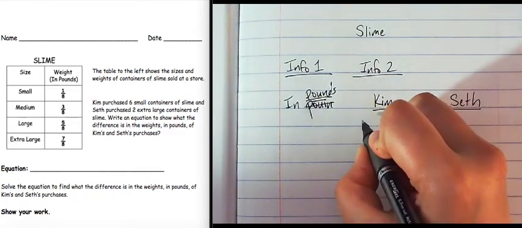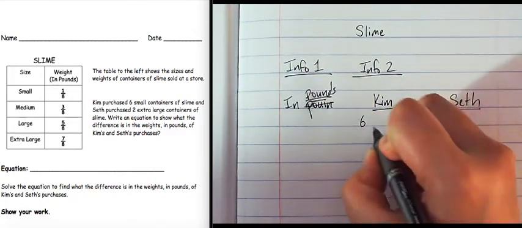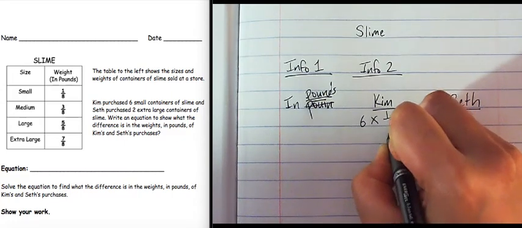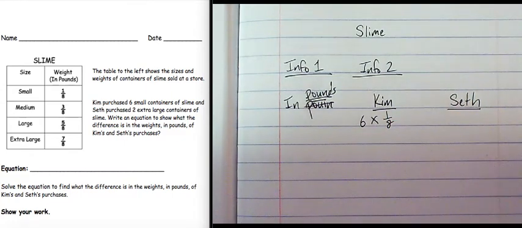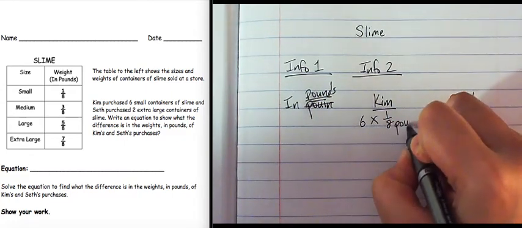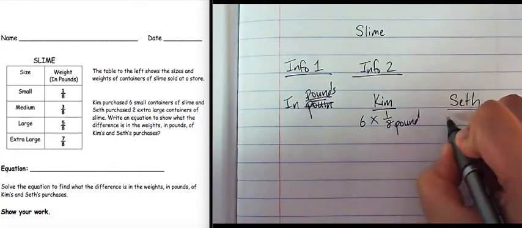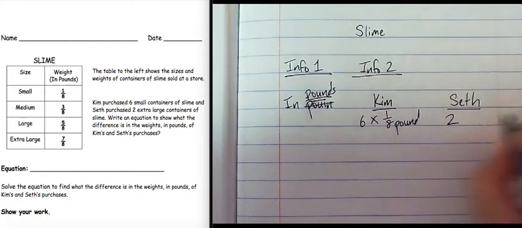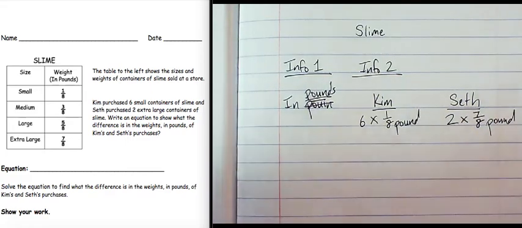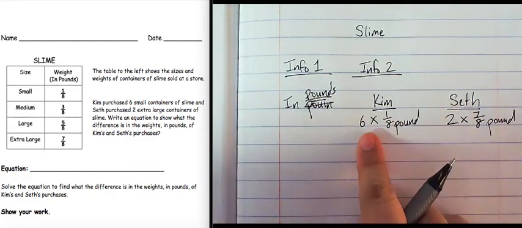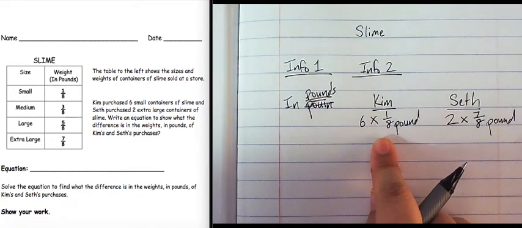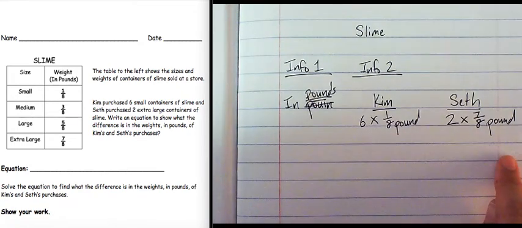So that's 6 containers, and each small container is 1/8 of a pound. And then Seth purchased 2 extra large containers, and the extra large containers are 7/8 of a pound. Mathematicians, do you know why I put 6 times 1/8 and 2 times 7/8?